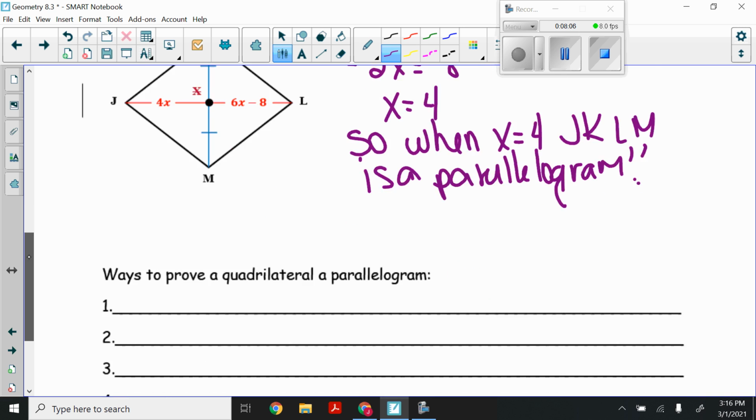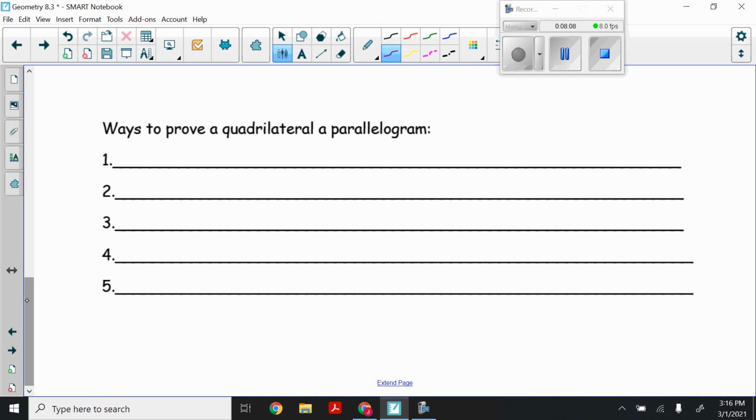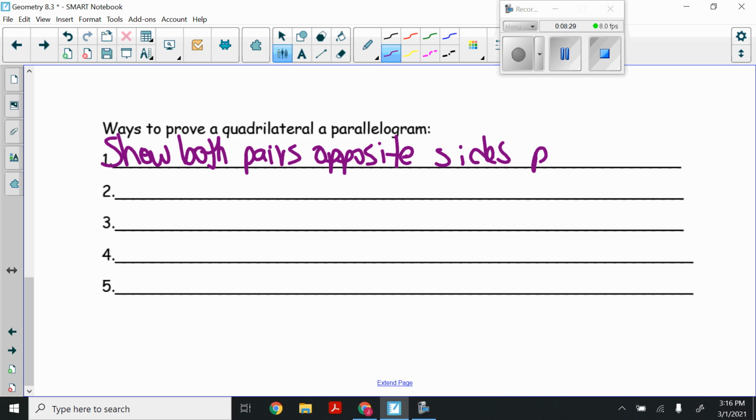All right, so now the last thing, we're going to list what are all the ways that we can prove a quadrilateral is a parallelogram. So the very first way, we can show both pairs of opposite sides are parallel. It's one way we can prove it's a parallelogram.